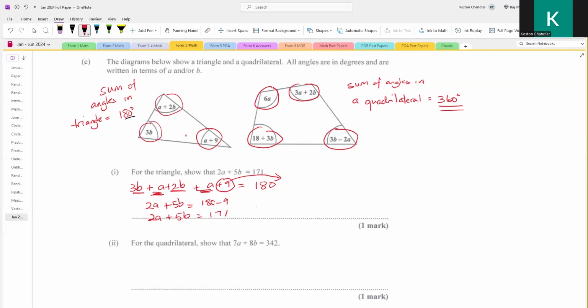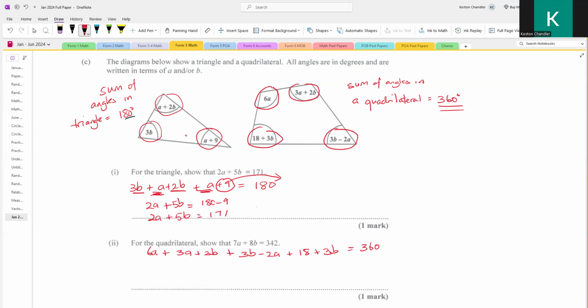So we have 6a plus 3a plus 2b, plus 3b minus 2a plus 18 plus 3b, each of them written out is equal to 360.